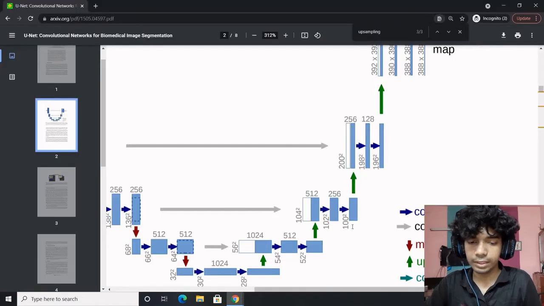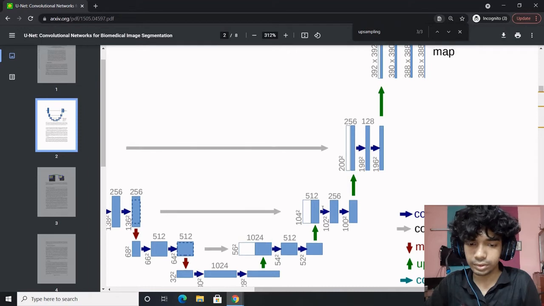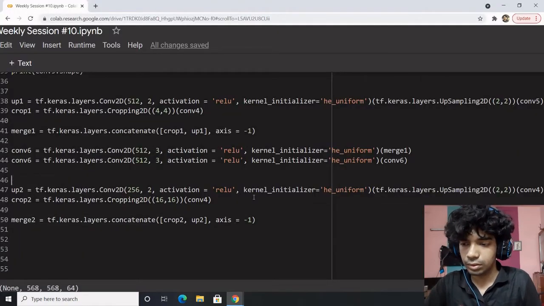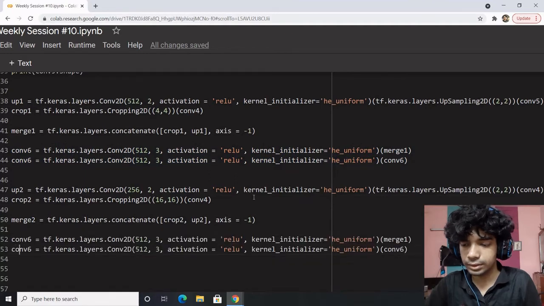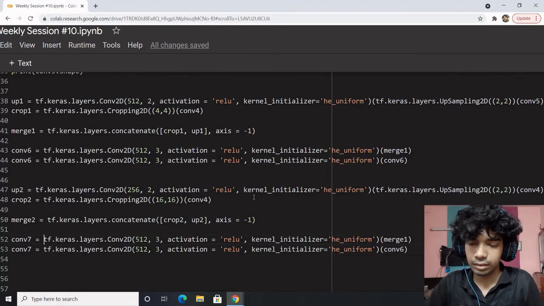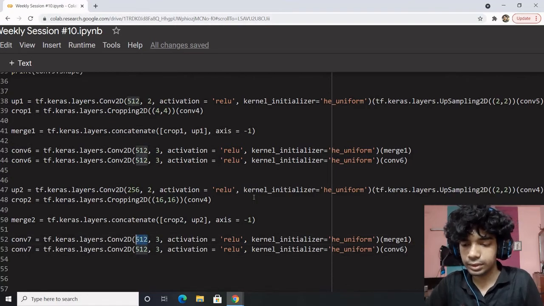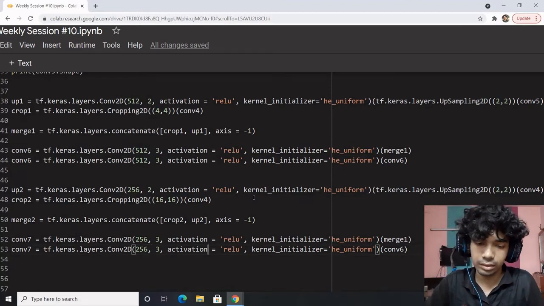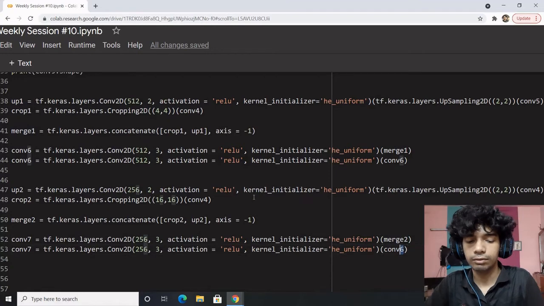Proceeding forward, we have again 2 convolutions, which I would name as convolution 7, each with 256 filters. Here we have merge 2, here we have convolution 7.